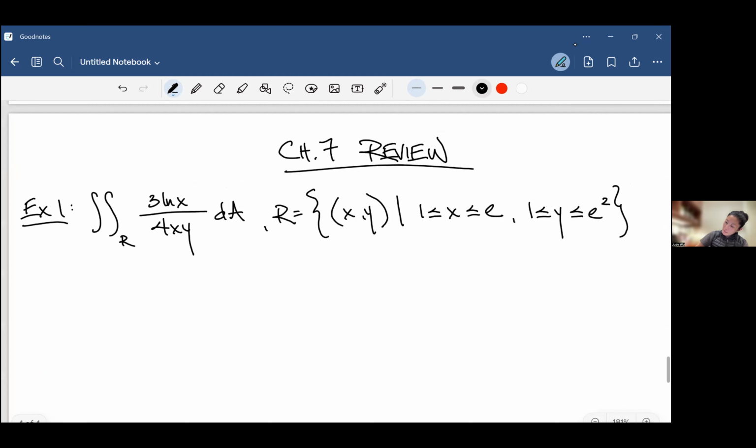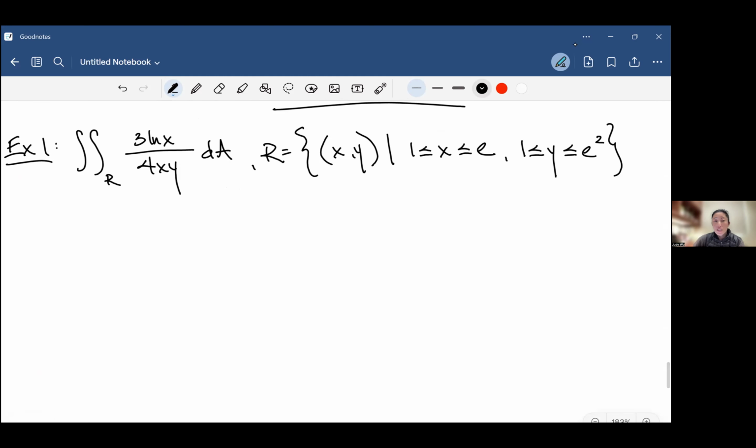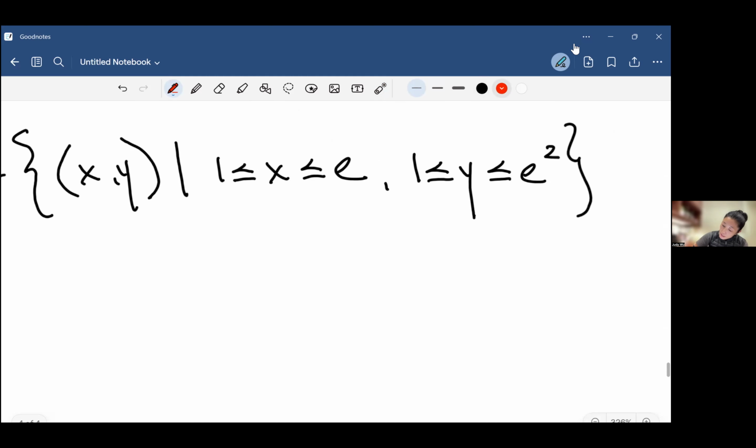Okay. So you might see a question like this, right? We've seen the double integrals and we're given the region that we're integrating over. Now, before we get started, would this be a rectangular region or a general region? Okay. Now, when I look at the bounds, that will actually tell me that this is a rectangular region.